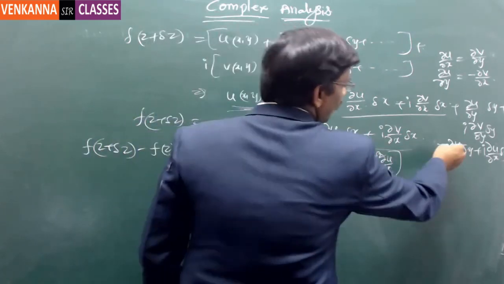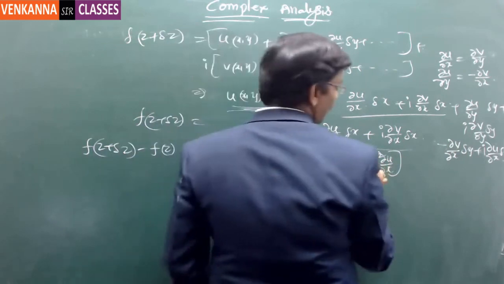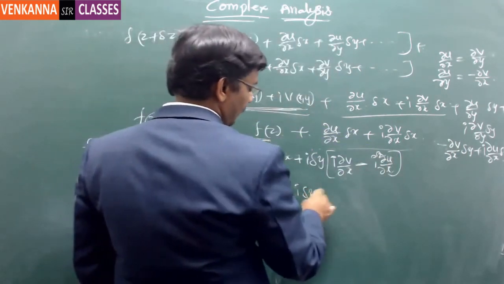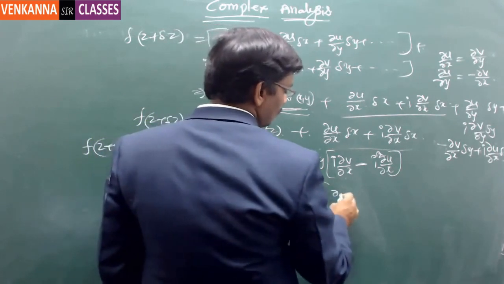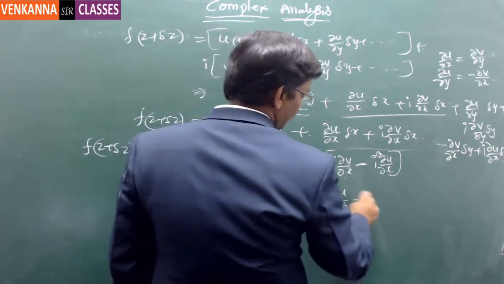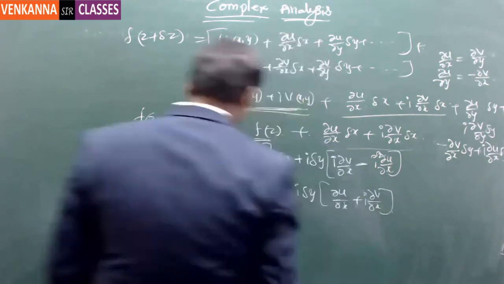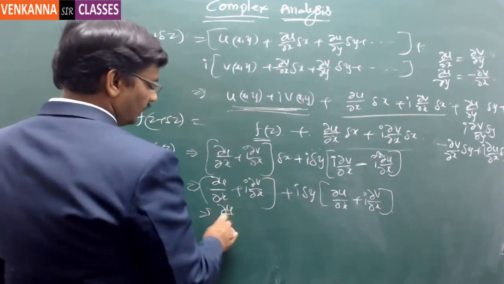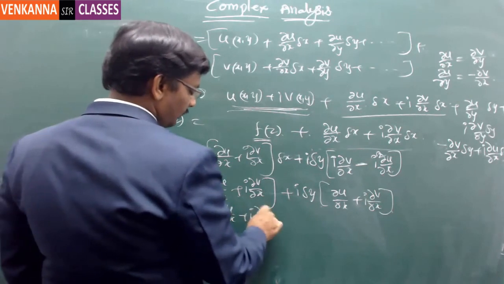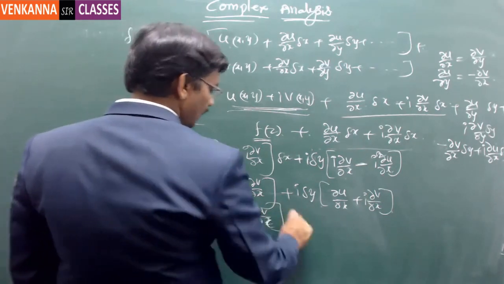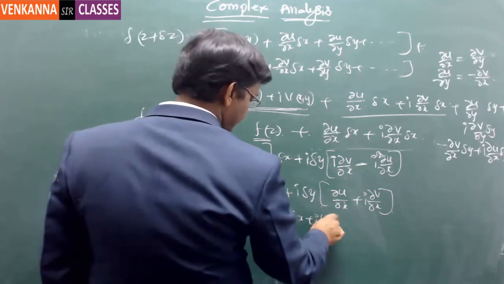When you bring this minus 1 outside, this will become minus, so minus of I square will become plus now. So I delta y, this is dou u by dou x plus I times dou v by dou x. So this dou u by dou x plus I times dou v by dou x into delta x plus I delta y.